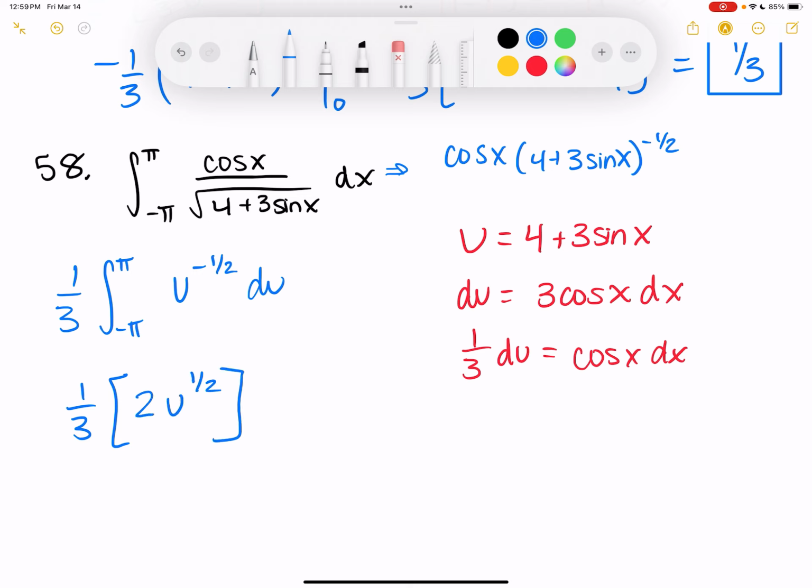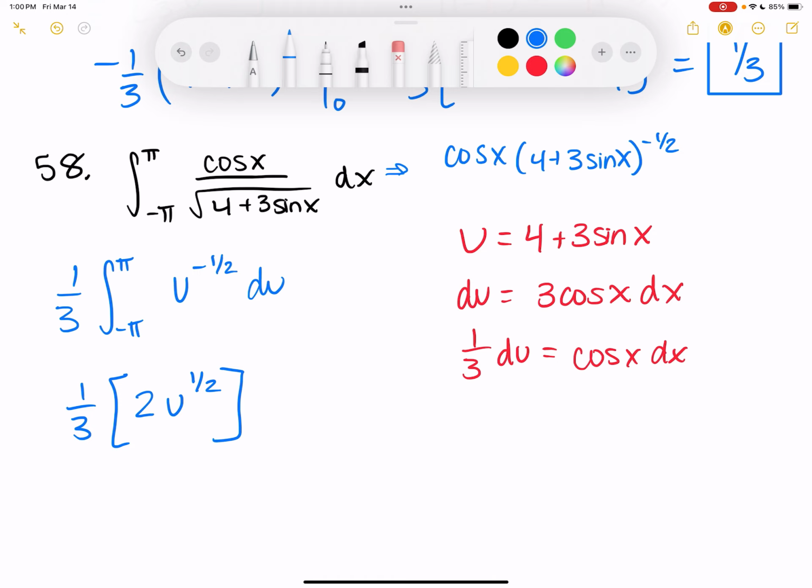Negative. Why would it be negative? Brain. That's why I had to register. I was like, hold on. Wait, so when we replace with u, the cosine of x goes away? Because the cosine of x is part of du. Oh. The derivative of that was 3 cosine x. So since the cosine was there, it's cosine of x dx. That part just was du. Okay.